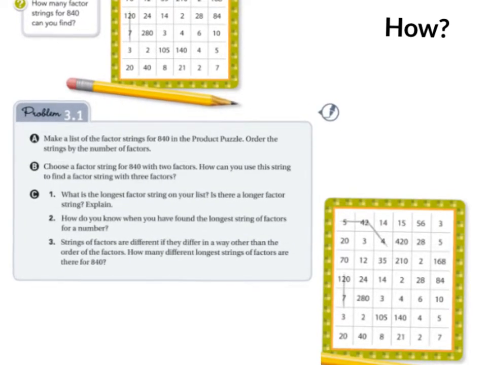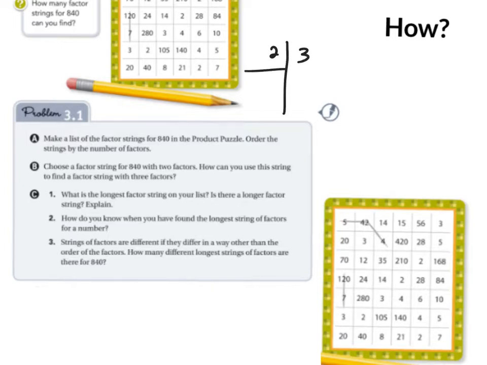It says make a list of factor strings for 840. Order the strings by number of factors. So we're going to make a list, and we're going to see if we can make the longest list possible. We may have strings that have 2 factors. We may have more than one.